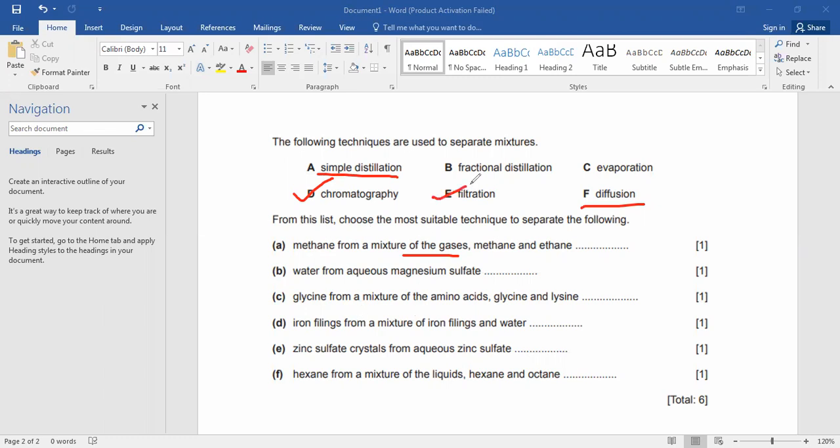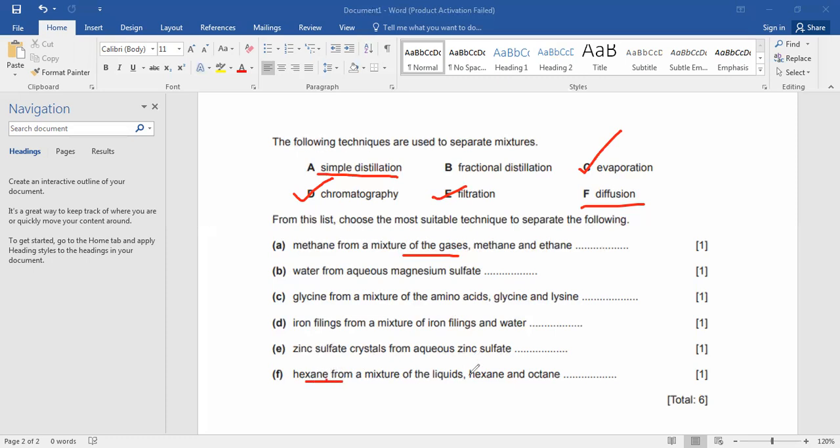Zinc sulfate crystals from aqueous zinc sulfate. Over here, you need to get crystals, which means crystallization. But over here, they haven't mentioned crystallization. So what we have to do? We have to select evaporation, right? By evaporating the water, you get zinc sulfate crystals. Okay, next up.